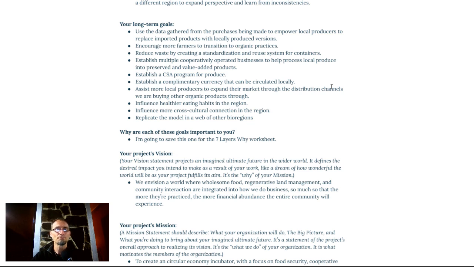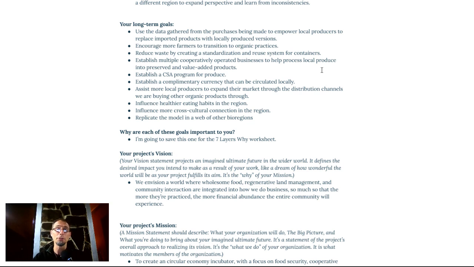Long-term goals. We want to use the data collected from these purchases being made to empower local producers to replace imported products with locally produced versions. We want to encourage more farmers to transition to organic practices, reduce waste by creating a standardization and reuse system for the containers that are being used to deliver food to the customers.